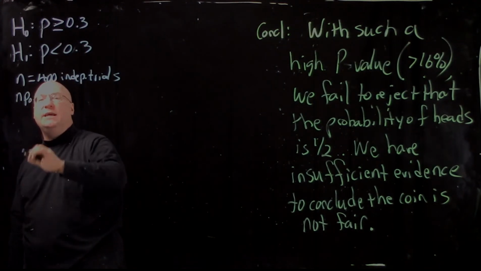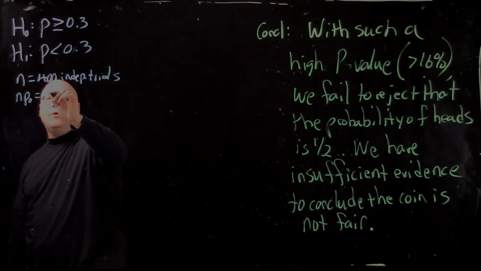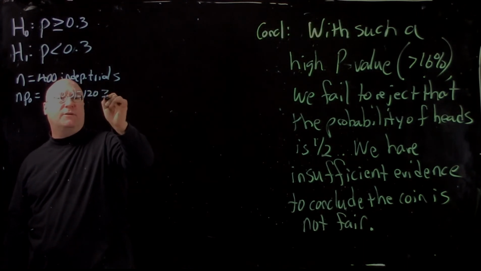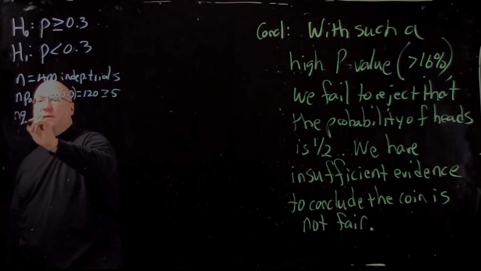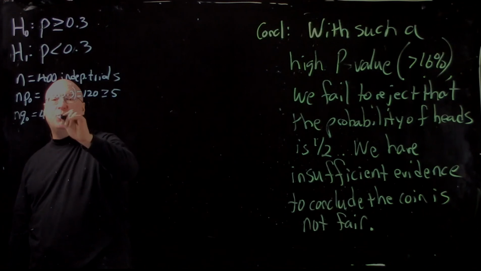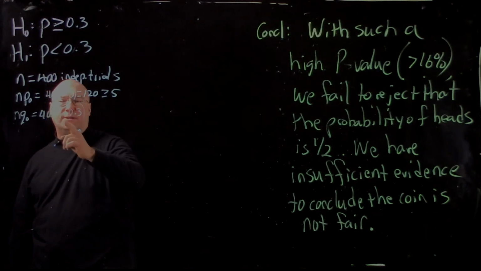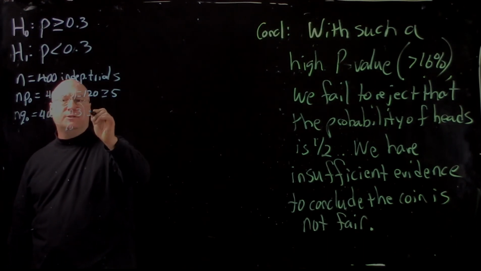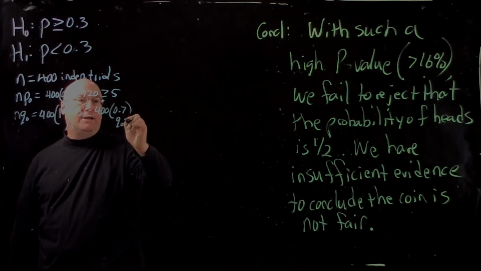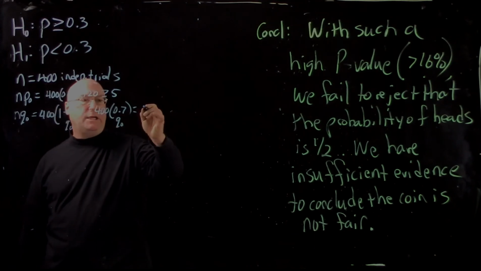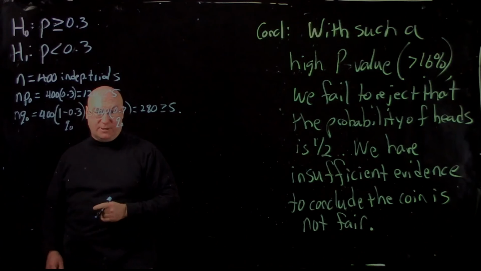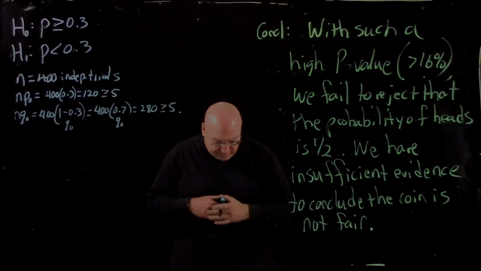Sorry, np naught is 400 times 0.3, that's 120, that's bigger than or equal to 5. Well, what's nq naught? Well, that's 400 times 1 minus 0.3, right? There's where q naught is right there. So that's 400 times 0.7, that's q naught, and that's 280. And that's bigger than or equal to 5. So we can certainly proceed, all right? We just need to have them both bigger than or equal to 5.